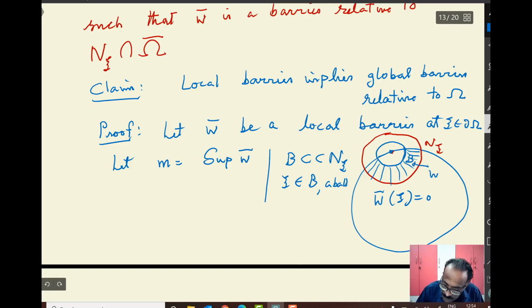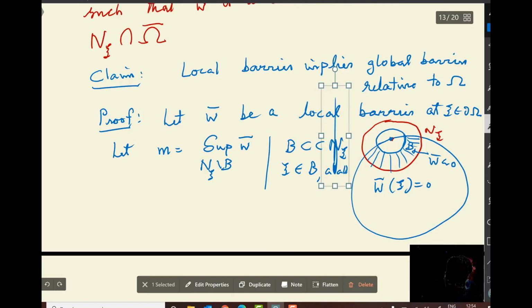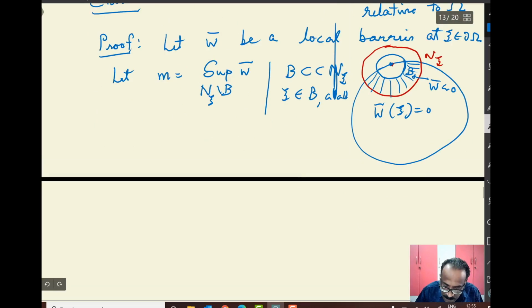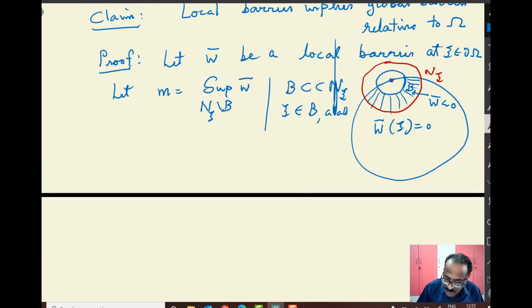Your w̄ is negative. So I can take this supremum, which is a finite quantity, and I can define the supremum in N_ψ minus B.